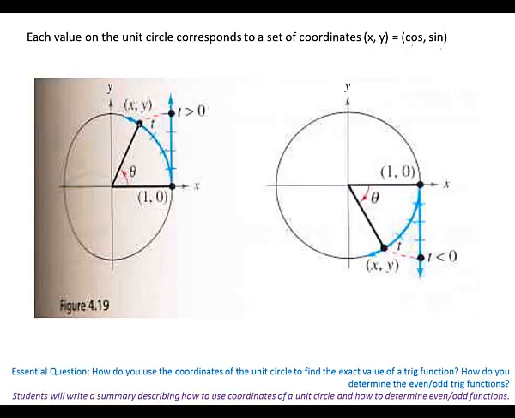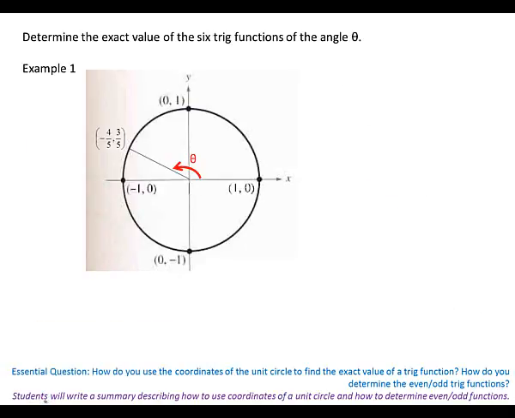So those triangles correspond to a coordinate. What we're going to do here is determine the exact value of the 6 trig functions of the angle theta. We already know that the first one is cosine and the second one is sine.